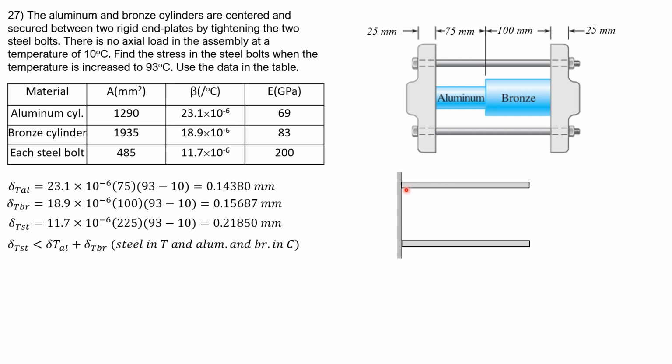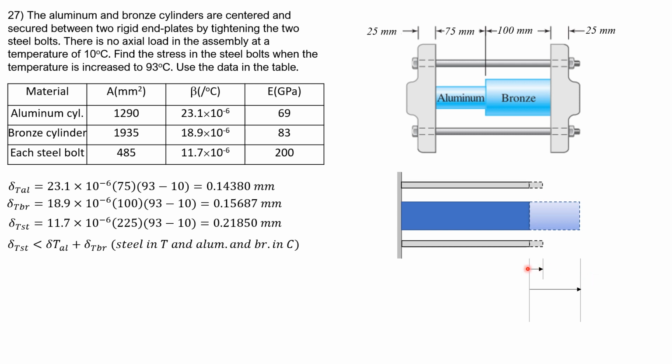So we draw a line. Let's say this is the length of steel. We allow them to expand. That's the final position. Then because these ends here are fixed, naturally this will be in compression to return back to the original length.